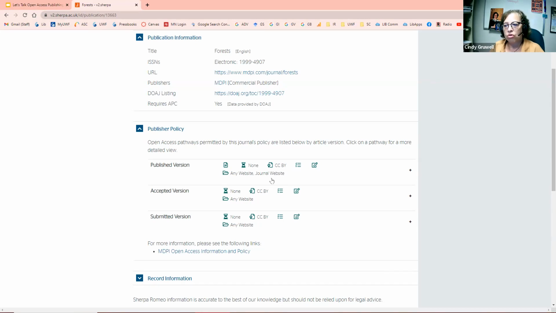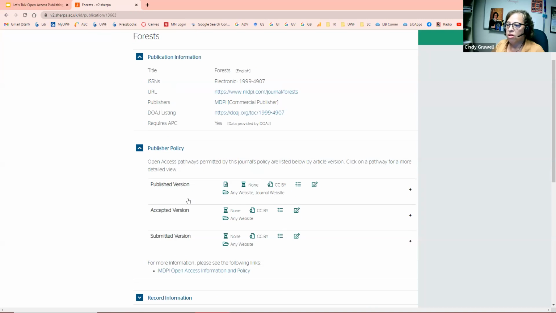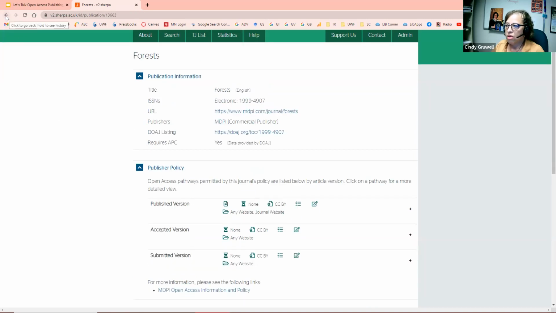So it would live in the journal, of course, but you could put the actual published copy in a repository. The accepted and submitted versions are also available to go into different types of repositories. So this is pretty straightforward because it's an open access journal.